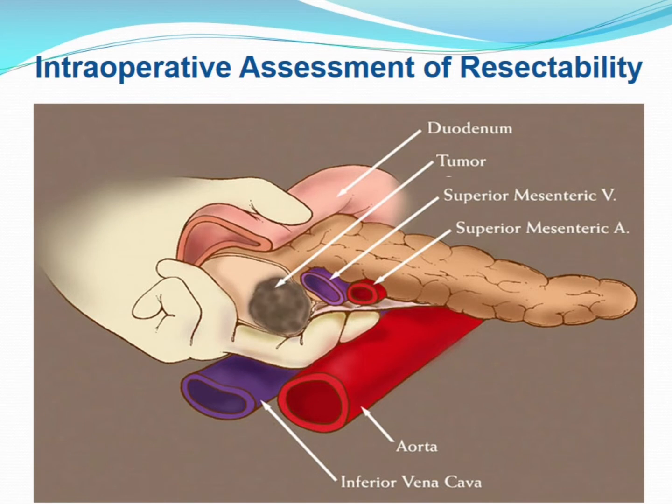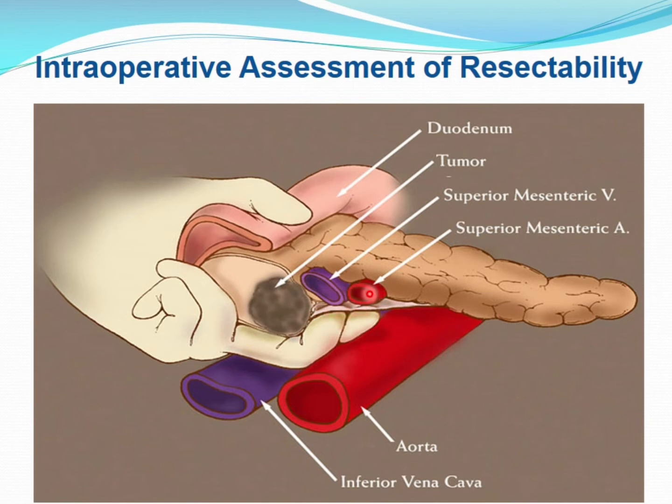Intraoperative assessment of resectability. This is an illustration to show the intraoperative assessment of resectability during surgery. Here we can see the surgeon has mobilized the duodenum, and the fingers are behind the head and neck of the pancreas, and behind the superior mesenteric vessels.